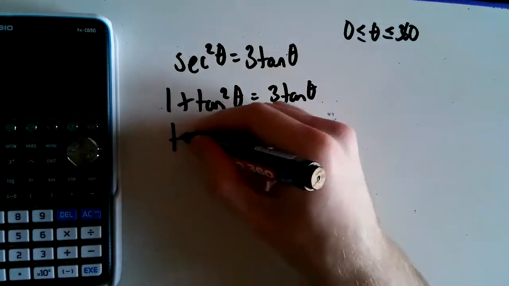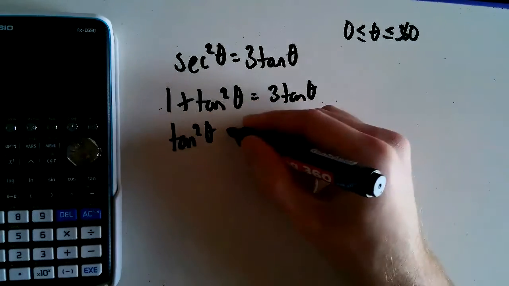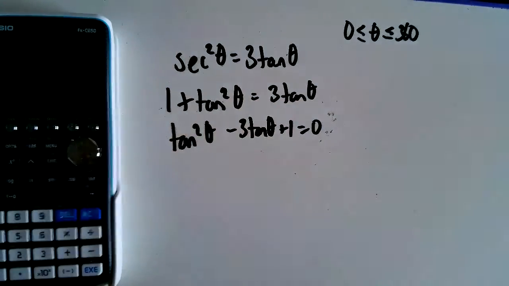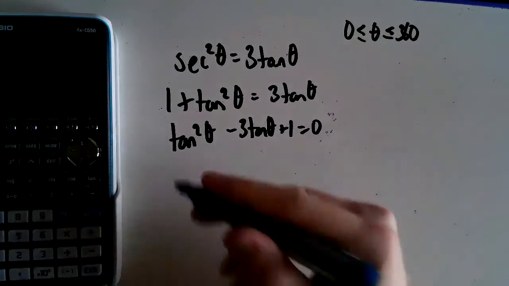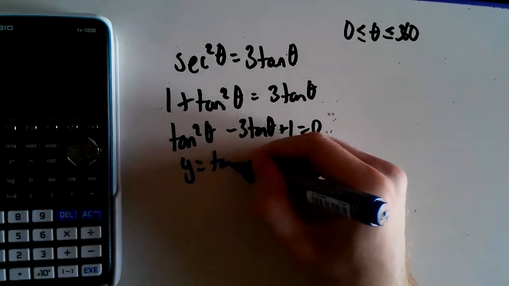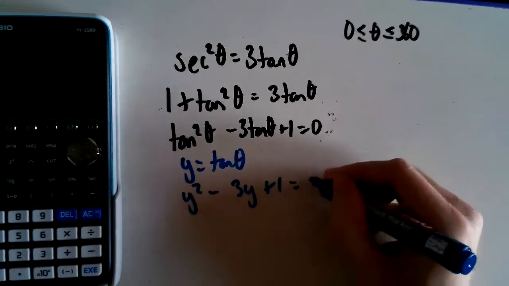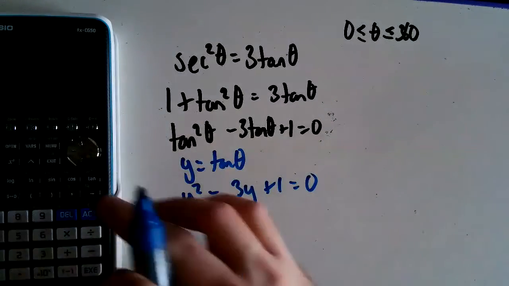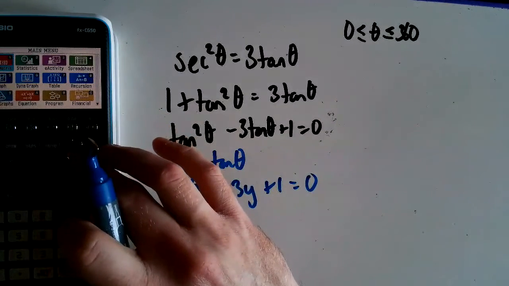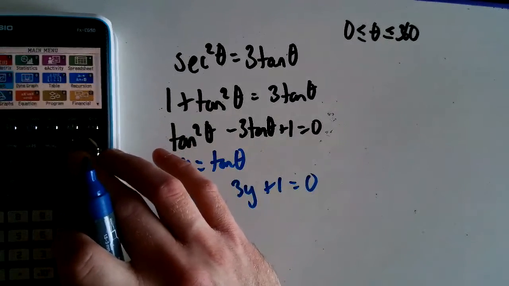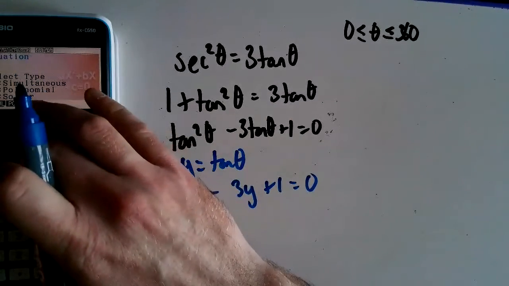Take everything to one side. And your favorite is quadratic, where y would be tan theta. So you get y squared minus 3y plus 1 is 0. But I've deliberately made one that doesn't factorize, so you'll have to use your calculator to solve it.